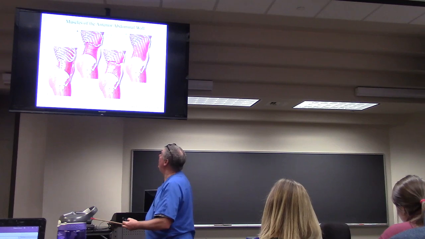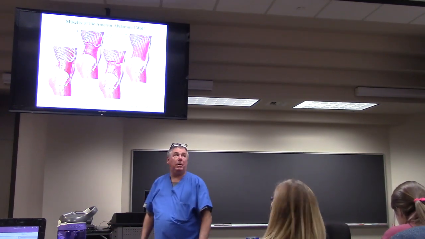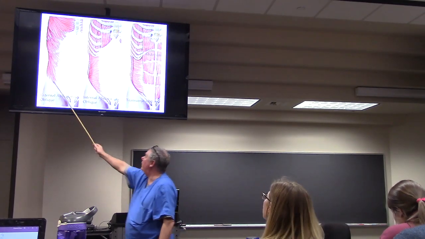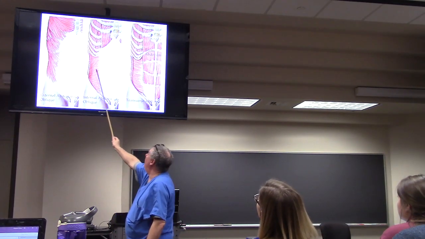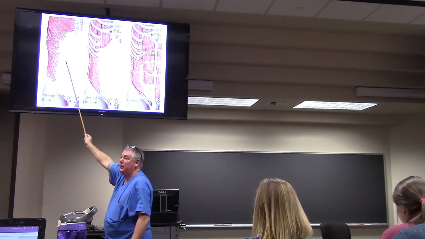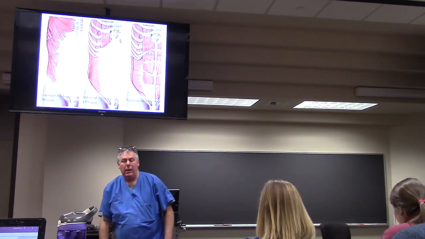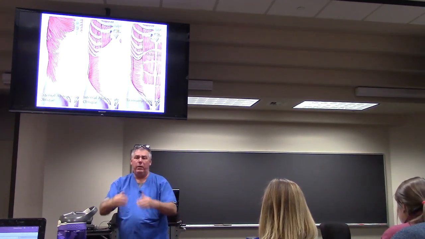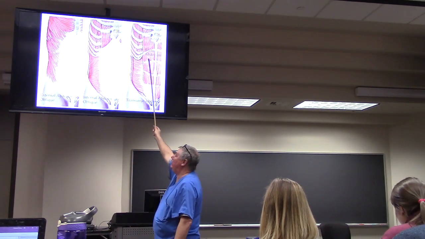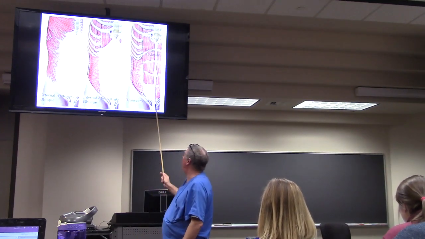Now anteriorly, there's another muscle here called the rectus abdominis muscle. Here's the external abdominal oblique. Here's the internal. And so the aponeurosis of these muscles, they wrap around the rectus abdominis muscles. The rectus abdominis muscles arise from the ribs and insert down here in the pubic bone area.